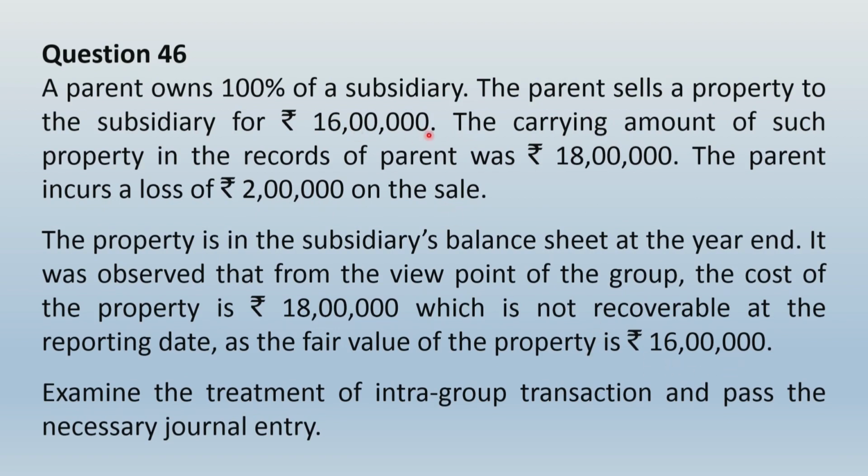Means the transaction could be clearly indicating a transaction at arm's length price, and the resulting loss over here, even though it is unrealized because the property is still lying within the group, even though the loss is unrealized, the same cannot be reversed, the same cannot be eliminated, because the cost to the group, which is 18 lakhs, is not recoverable. So let us see how to write up the answer.